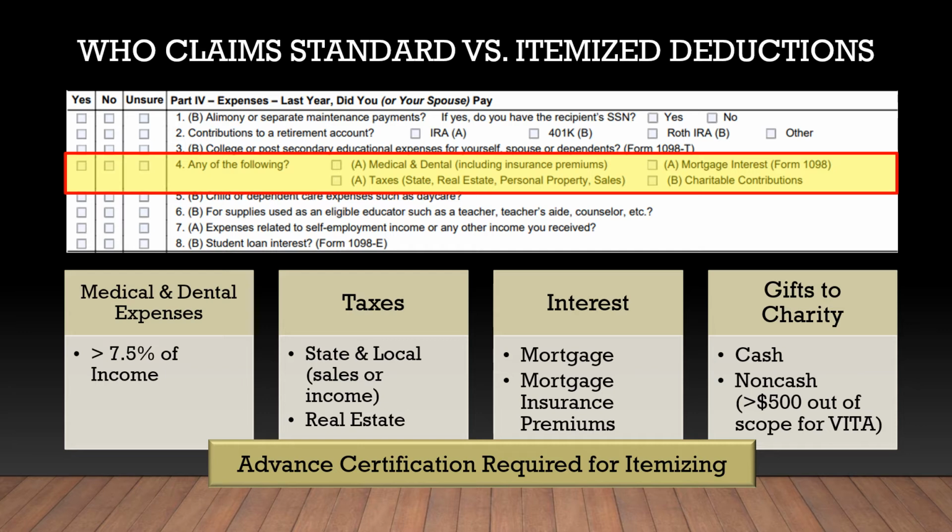But for VITA, if they're doing over $500 of those non-cash donations, that's going to be out of scope for VITA altogether. It doesn't matter whether you're basic certified or advanced certified. If they're doing over $500 in donations of non-cash items, they're out of scope for us.